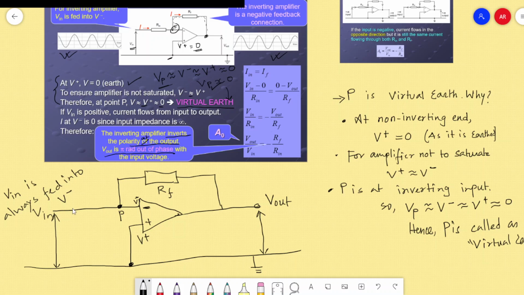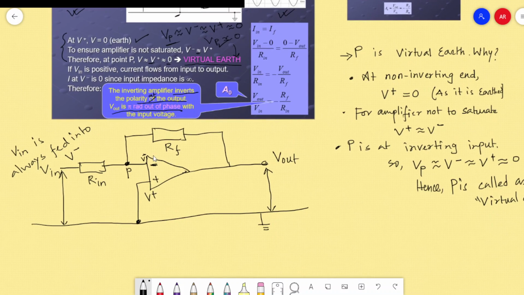Right here we have one input resistance in the input terminal. This is the input resistance. This is the feedback resistance.